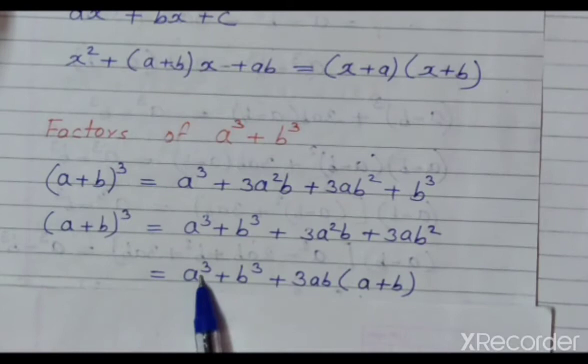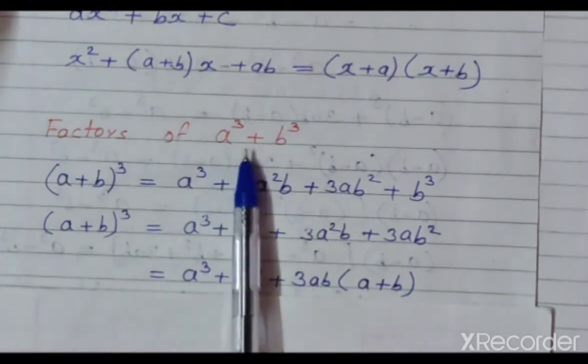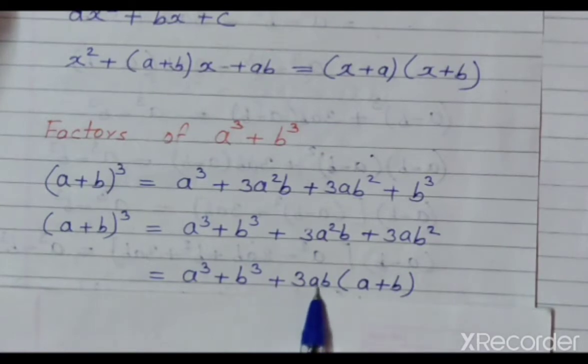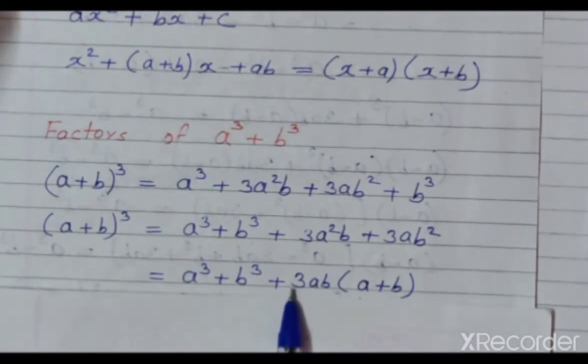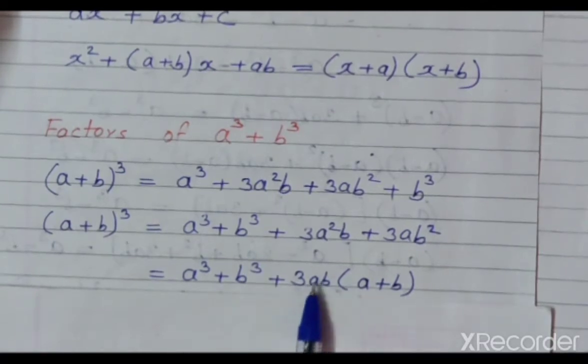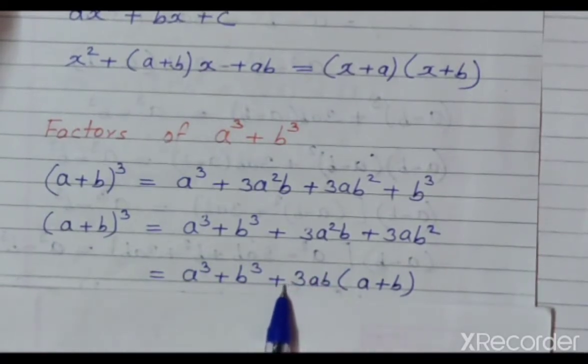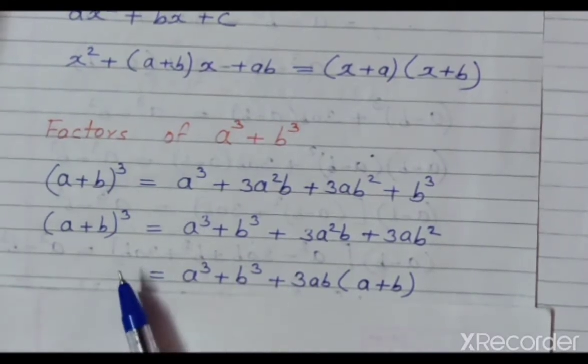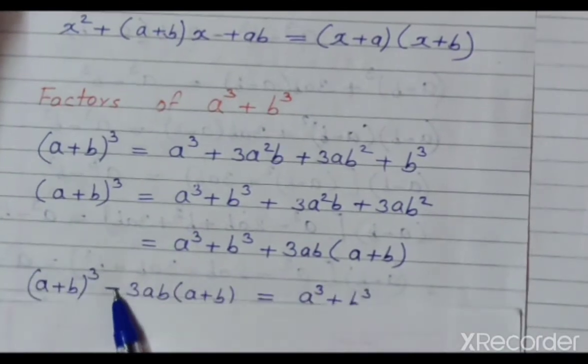Now we want the factors of a³ + b³. So I am taking this extra term, 3ab(a + b), to the other side. Now it is plus, so when you take it to the other side, it will become minus.